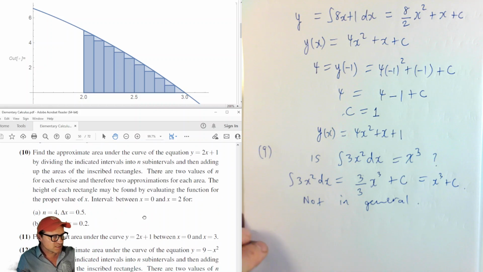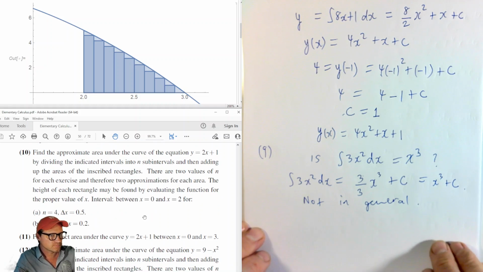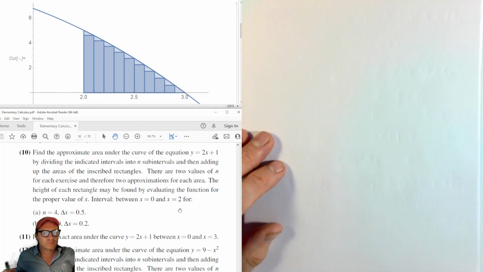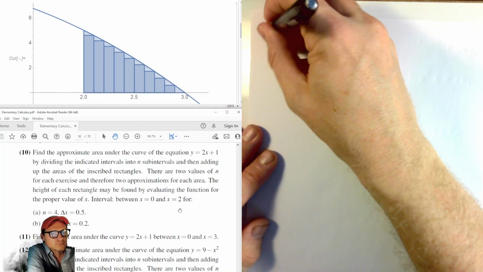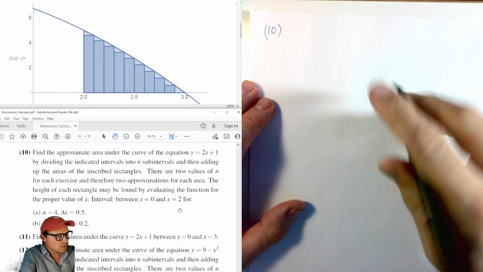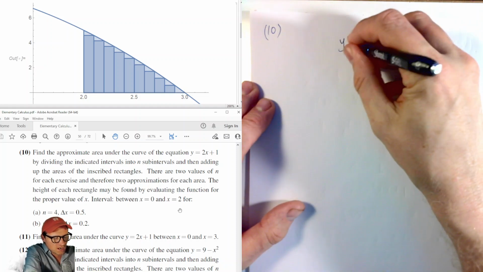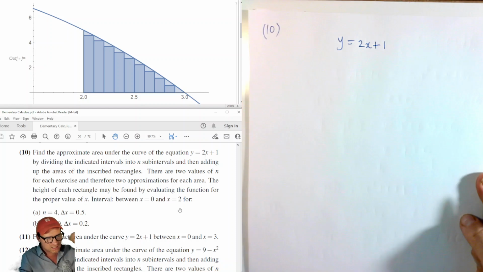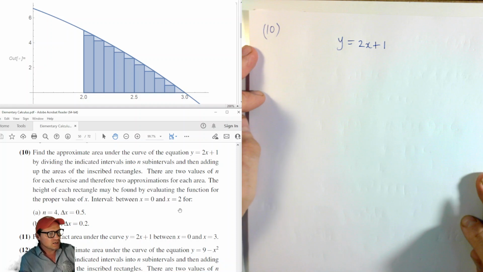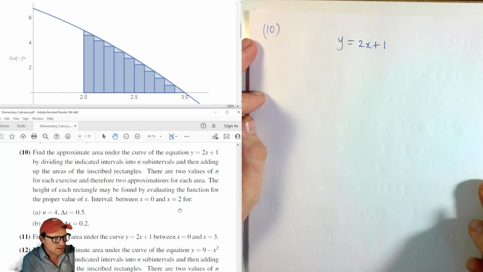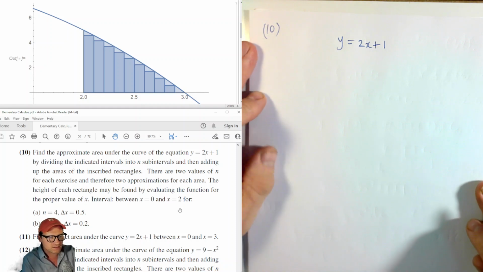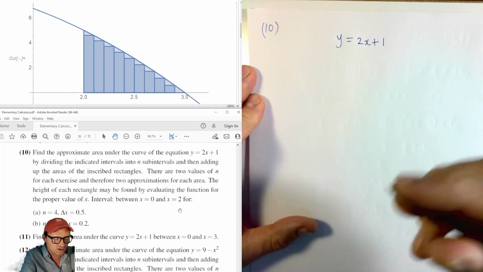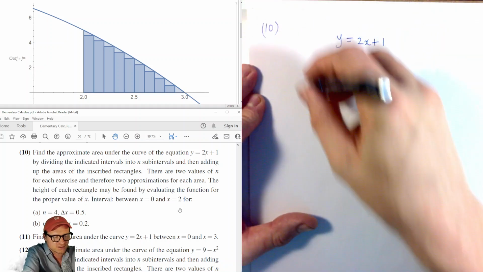Find the approximate area under the curve of the equation y is equal to 2x plus 1 by dividing up the indicated intervals into n subintervals, and then adding up the areas of the inscribed rectangles. Okay, so the first thing we need to do is draw a pretty good picture.